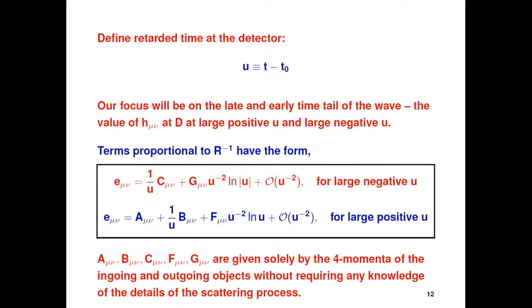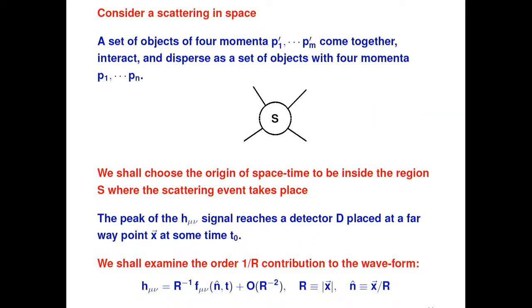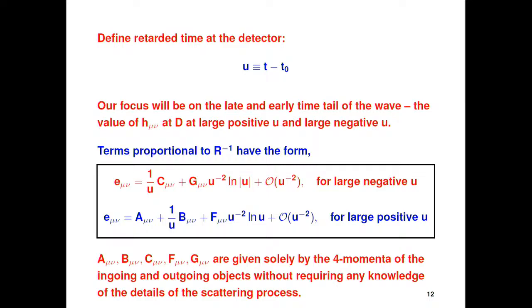So here is the general summary of the result. It turns out that the terms that are proportional to 1 over r, which is what we are focusing on, have the following form. For large negative u, that means way before the bulk of the signal has appeared, and large positive u, which means way after the bulk of the signal has passed the detector.